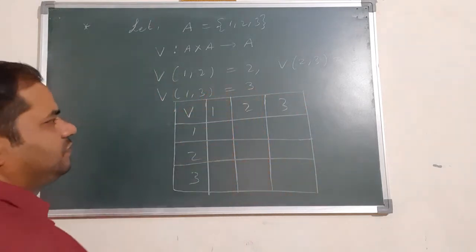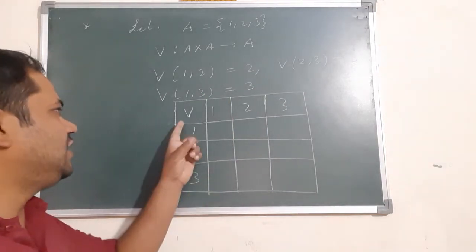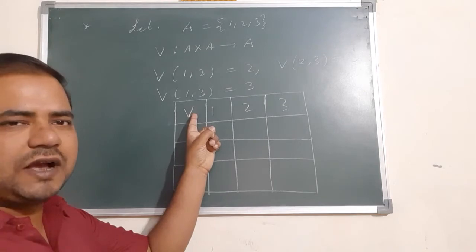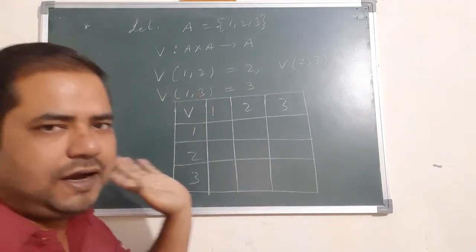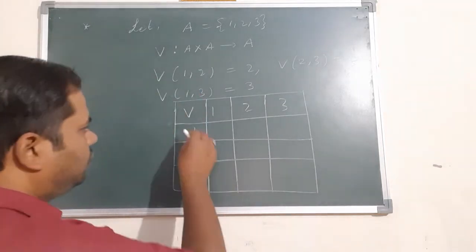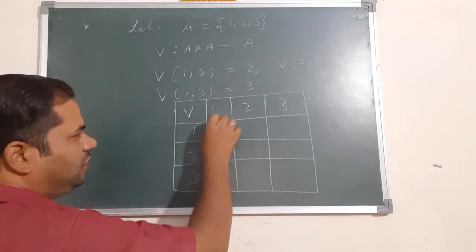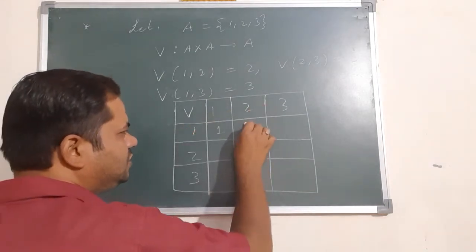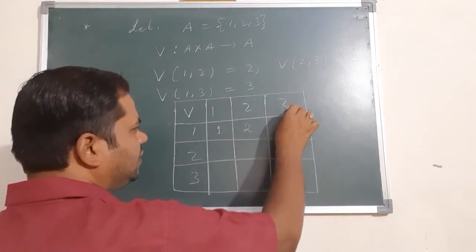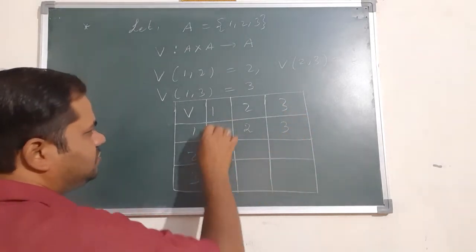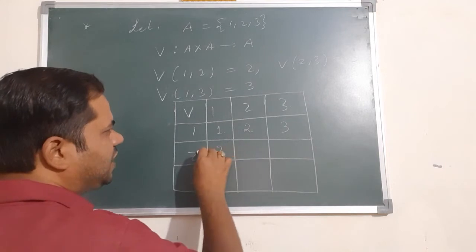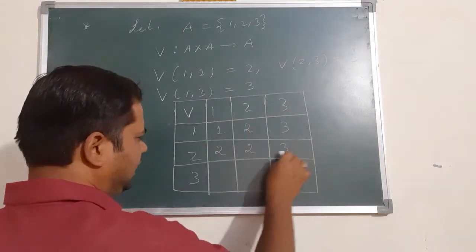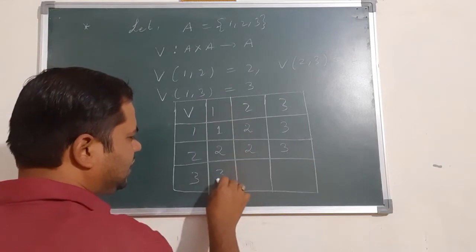Okay, so what is it? Maximum, that means maximum of these two quantities A and B. So maximum of 1, 1 is 1, maximum of 1, 2 is 2, maximum of 1, 3 is 3, maximum of 2, 1 is 2, maximum of 2, 2 is 2, maximum of 2, 3 is 3. Maximum of 3, 1 is 3.